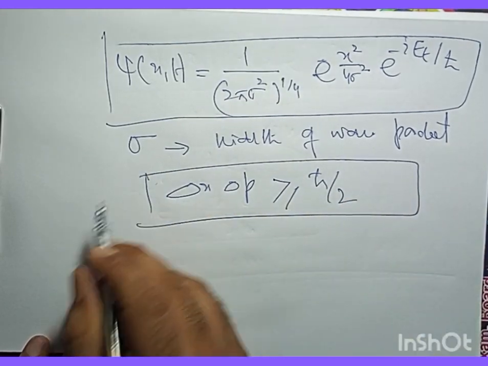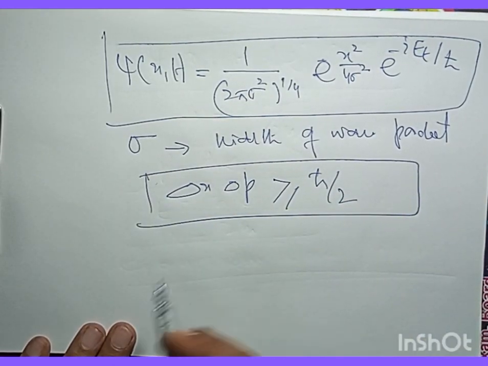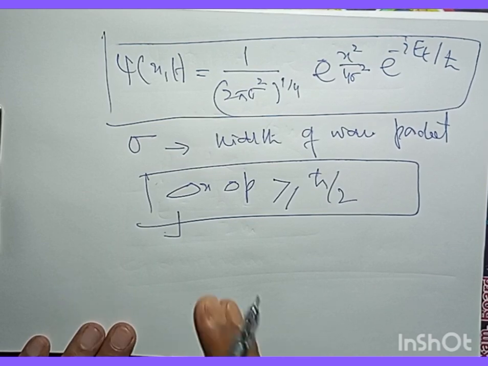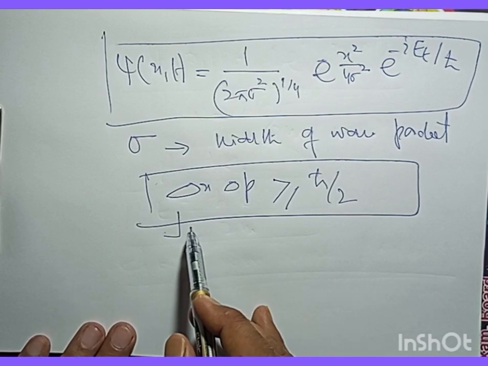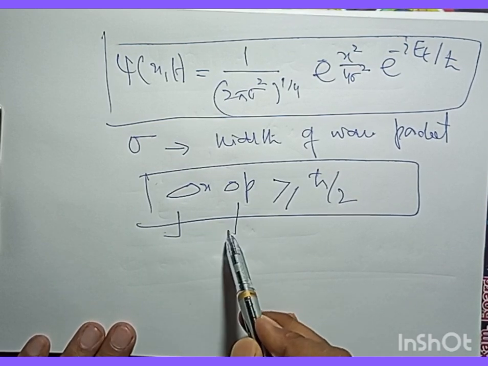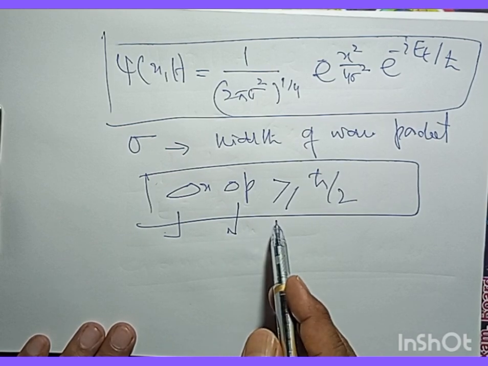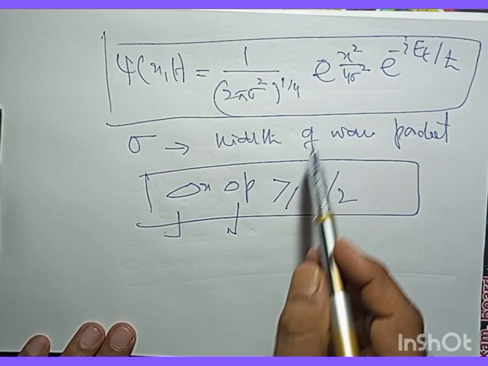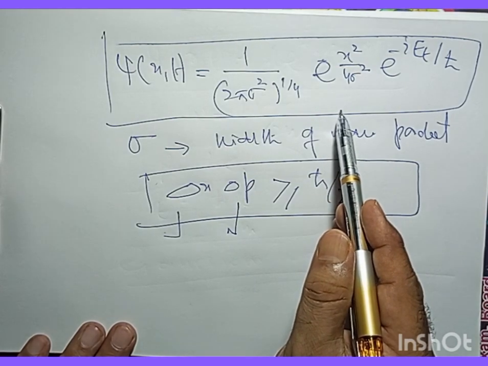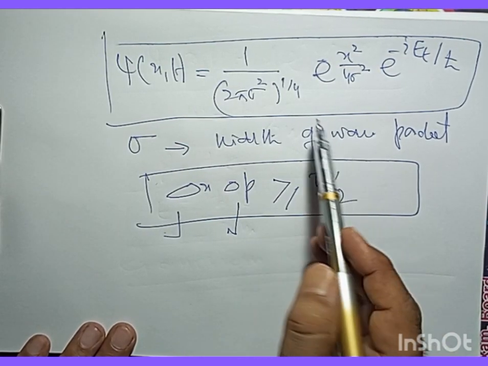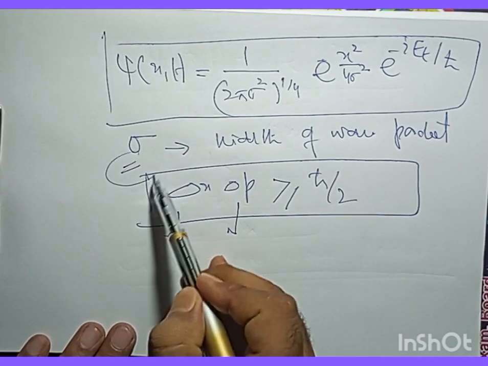This is the uncertainty principle for the free particle, where delta x is the uncertainty in the measurement of the position of the particle, and delta p is the uncertainty in the measurement of the momentum. Now, for the Gaussian wave packet that we are talking about here, the width is this sigma.